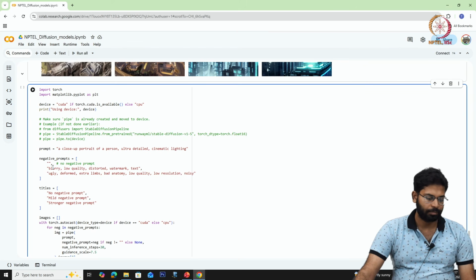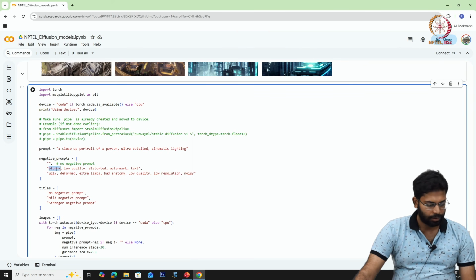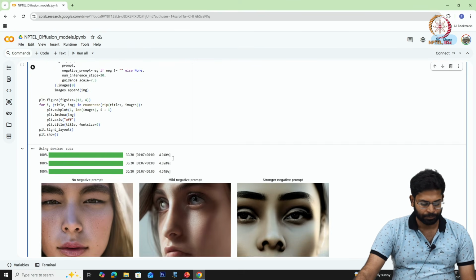So you can mention the prompts and textual conditionings that you don't want. You don't want blurriness, low quality, distortion, watermark, text, ugly, deformed and all that. And the positive prompt is a close-up portrait of a person, ultra detailed, cinematic lighting.